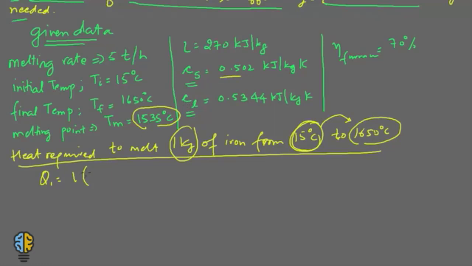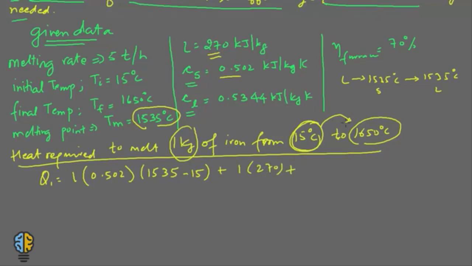So you'll have M into C, 0.502, into delta T, which is 1535 minus 15. This is the first heat transfer that takes place. Plus, now the heat would be given in the form of latent heat, from 1535 degrees Celsius solid to 1535 degrees Celsius liquid, and that would be again M is 1 and the latent heat is 270, so you just write 270 over here.